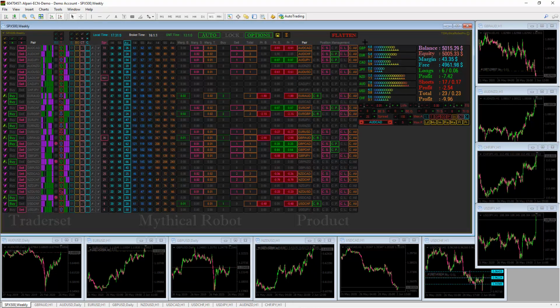And for this heat map in general, we are using a math that is comparing all 28 pairs to each other. The formula is not ours. It was something that we found, tweaked a little bit, not that much, and just changed the view and the look and integrated into our chart.